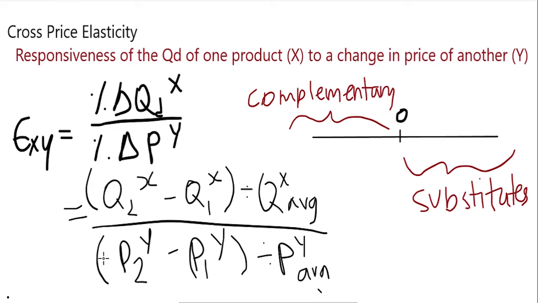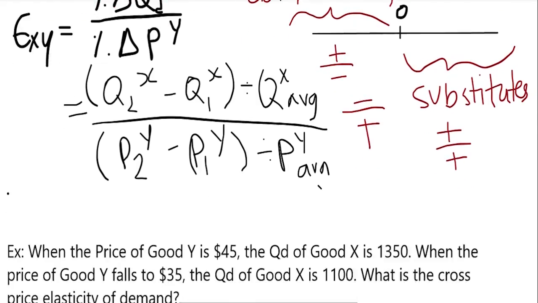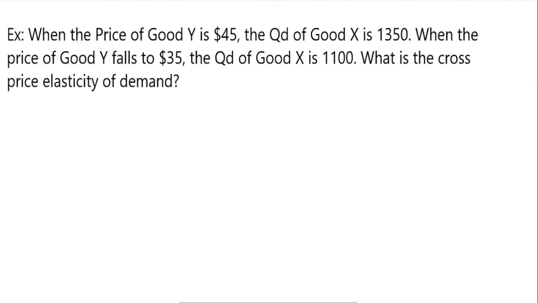So the price of this is increasing, good X is a substitute. Well, people are going to want to consume good X. So the quantity demanded of good X will also increase. So they're both going to be positive. So essentially, the top and bottom here is both positive, whereas with complementary goods, it could be positive, negative, negative, positive. Okay? So now we're going to take a look at an example of cross-price elasticity.